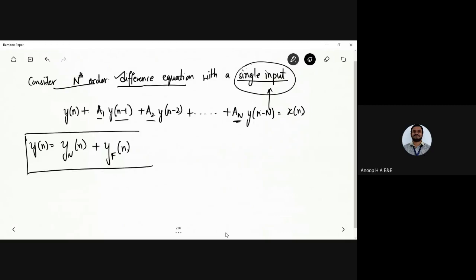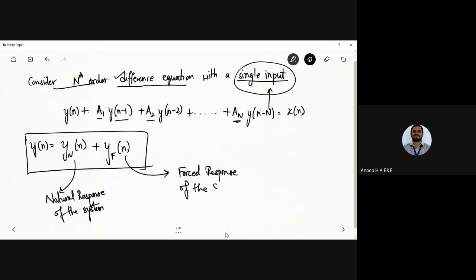Response really means the output of the system. yN is the natural response of the system, yF is called the forced response of the system, and the output y of n is considered to be the total response of the system.